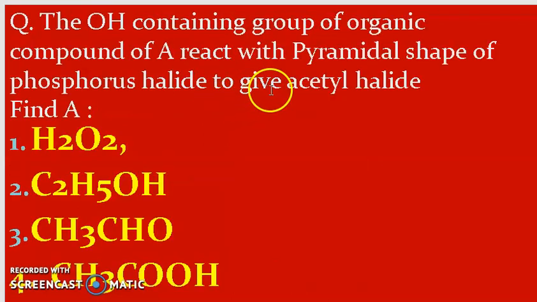In the question they have mentioned the end product is acetyl halide, so it is not from C2H5OH, although the reaction also happens with the alcohol group. So the starting material A, the OH containing organic compound, is CH3COOH. The fourth option is the correct answer for this question.